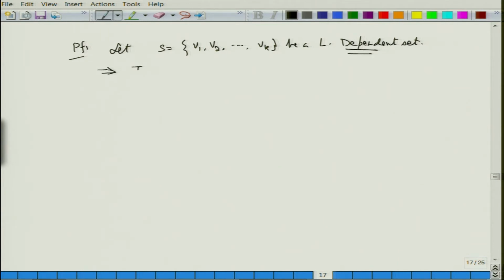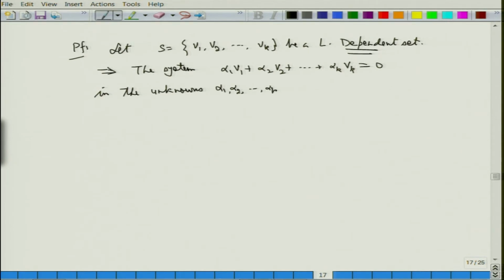This implies the system alpha 1 V1 plus alpha 2 V2 plus alpha k Vk, in the unknowns alpha 1, alpha 2, alpha k, has a non-trivial solution, all right, fine.